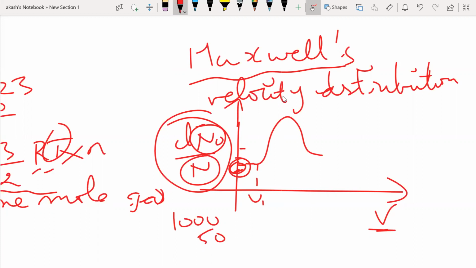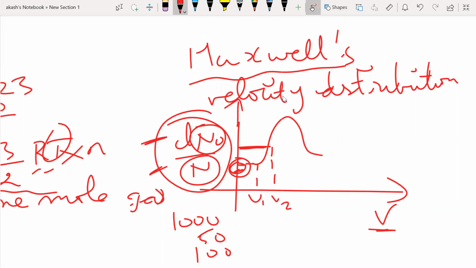If I go a little higher, to say 100, these 100 molecules are going to have a velocity of say v2. Do you understand, Varun, what I'm trying to say? Yes, sir. So this basically talks about the number of particles out of the total particles that we are taking.